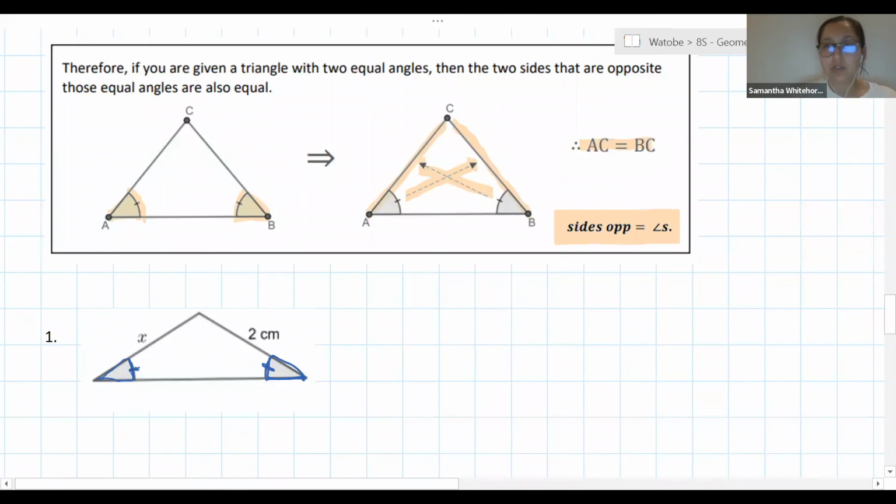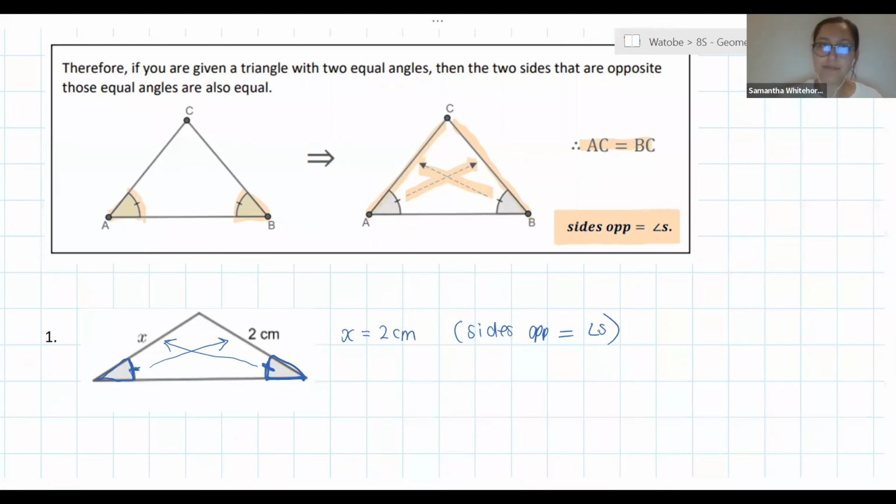Now, because those two angles are equal, I automatically know that the sides opposite them are equal in length. And because I've been given that one of those sides is 2 centimeters, I therefore know that x is equal to 2 centimeters as well, because of sides opposite equal angles. So in this case, you're now finding a side rather than an angle.